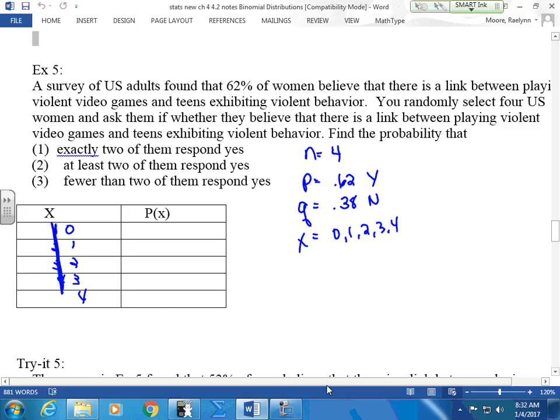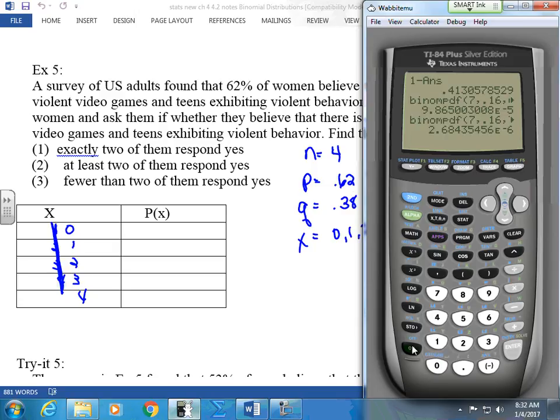So again, you're going to do your normal PDF. I'm just going to pull this back down and change this. You have only 4 trials, 4 people to ask. Your percent was 62, and you're going to start at your 0. Can everybody find this one? Everybody can do this. Okay.